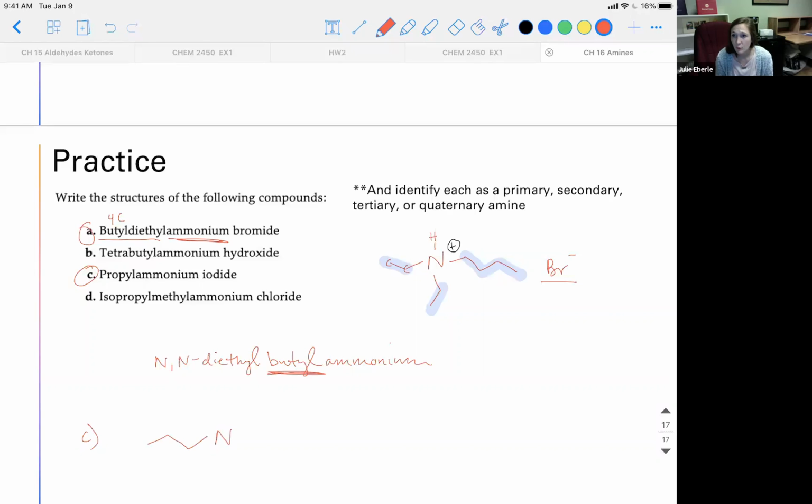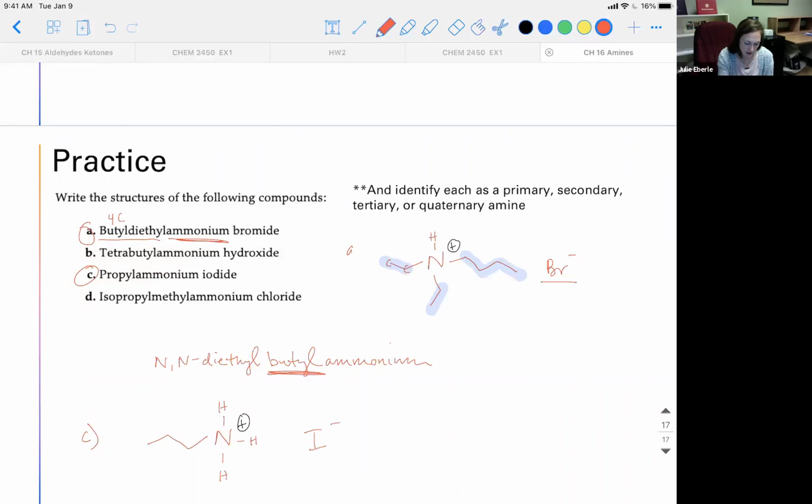Now, because we only have 1 carbon substituent, the rest of these bonds off nitrogen, we've got to have 4 if it's a true ammonium, have to be hydrogen. So it looks like that. This nitrogen has to have 4 bonds. So there's propyl ammonium, and then iodide we know is the anion form of iodine. So that's I minus.